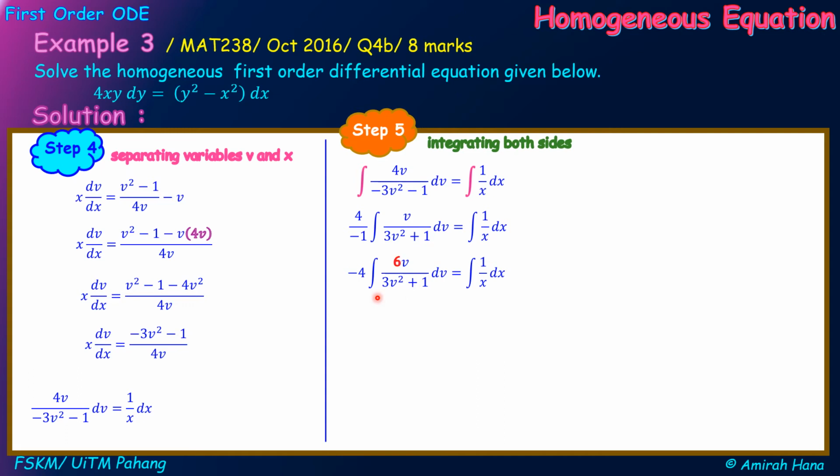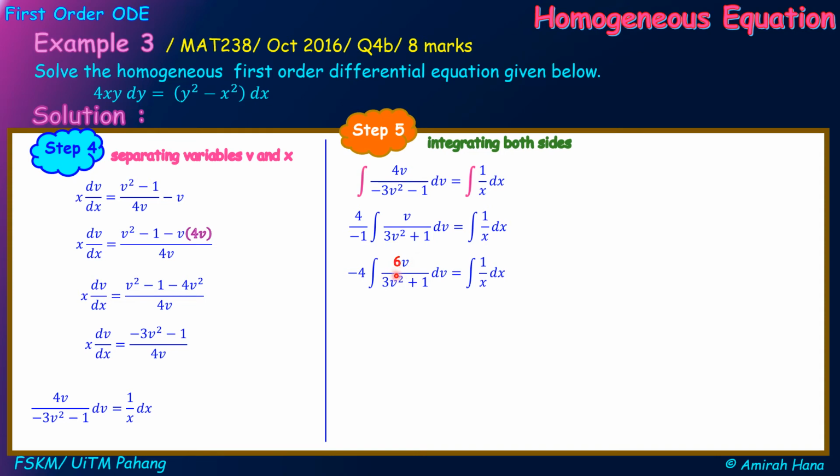And then, when the degree of the numerator is less than the degree of the denominator, we can integrate using the ln rule. So if we differentiate 3v squared, we get 6v. So we just put constant 6 here.